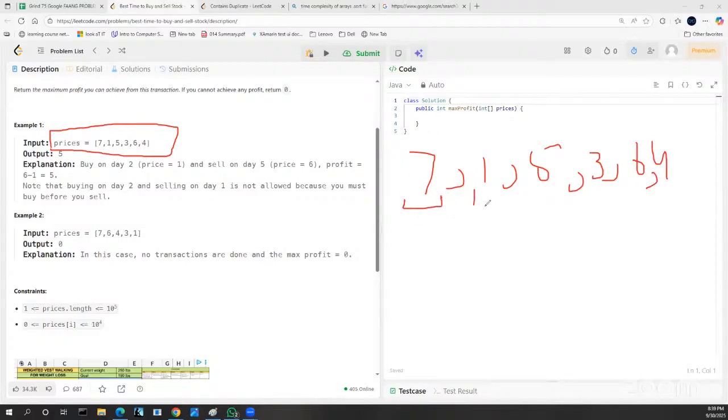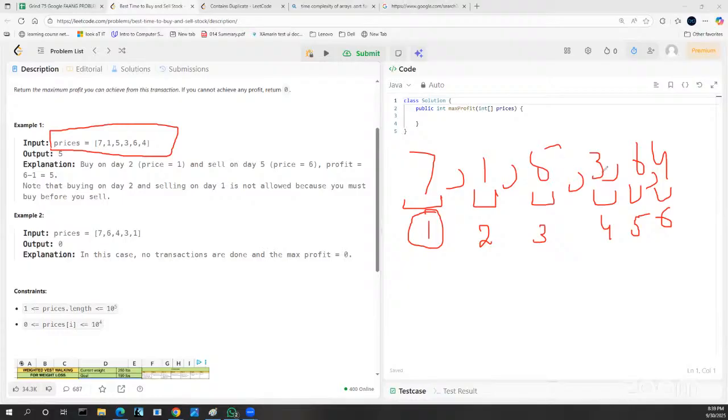If I index them, this would be day 1, day 2, day 3, day 4, day 5, and day 6. I need to find a day where I can buy the stock for the least price and sell it for the highest price.